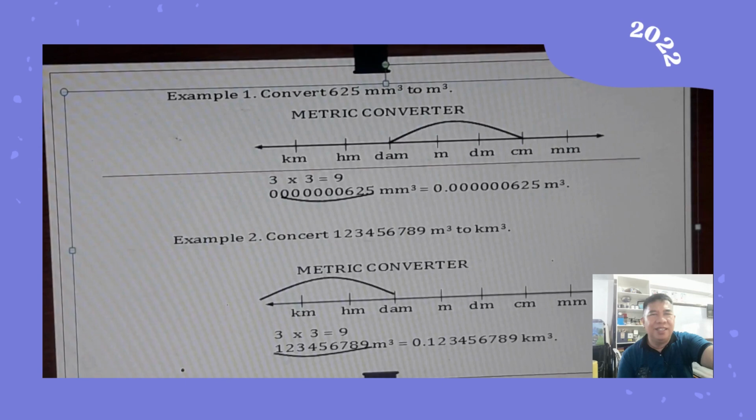So move 3 times. After 3, continue adding zeros up to 9 times. So the final answer would be 0.000000625 cubic meters. That is the corresponding value, cubic meters.